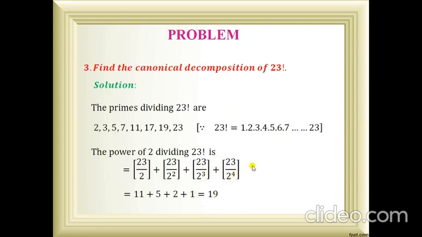After 2 to the power 5 the denominator exceeds 23, so that is not possible. The denominator must always be less than the numerator, then only this formula is possible. When I go to 23 by 2 power 5, the denominator exceeds the numerator. So that's why I'm trimming the formula up to this.